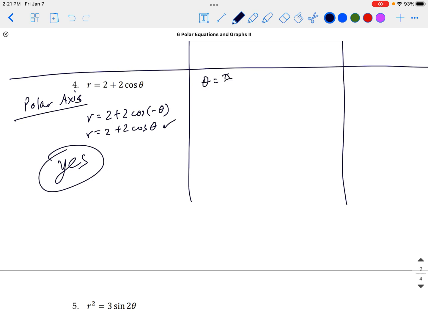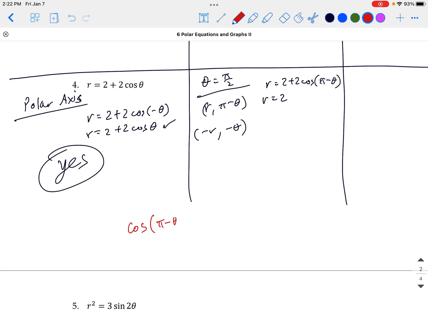And then if we check theta equals pi over 2, that's going to be r, pi minus theta, or negative r, negative theta. So we'll have r is equal to 2 plus 2 cosine of pi minus theta. But cosine of pi minus theta, which again you can write out to verify, is cosine pi cosine theta minus sine pi sine theta.